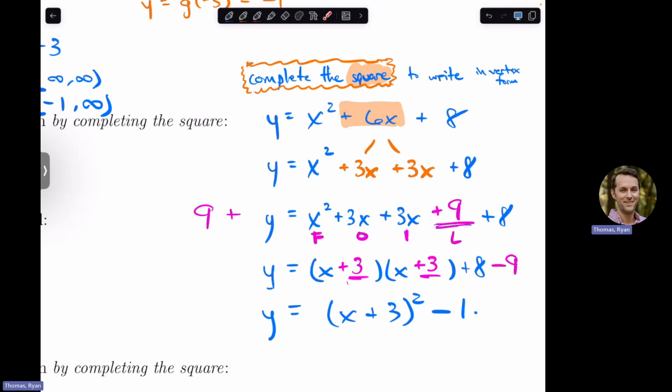So either add it to both sides and then move it over, or if you want to just work on one side of the equation, which is what I usually do, plus 4 minus 4, because those cancel, that's 0, they offset, so I'm not changing things, right? This one I use as part of this factoring. This one is left over on the outside, and I combine it with the stuff that's left over. So 1 minus 4, -3.